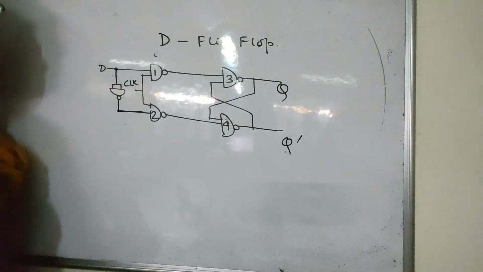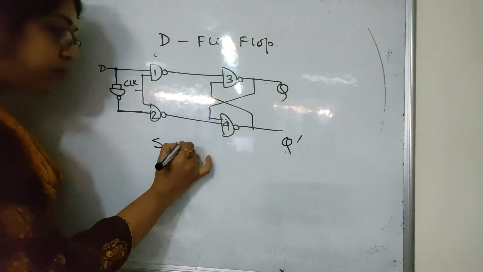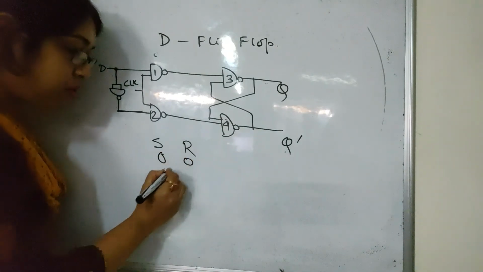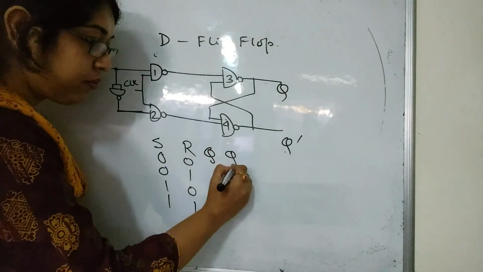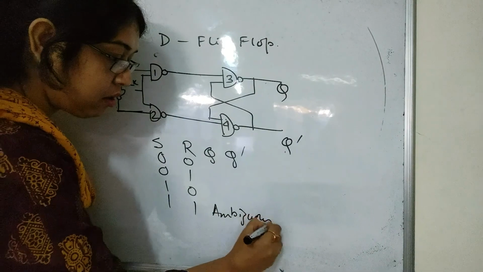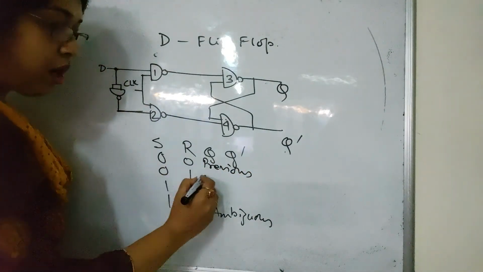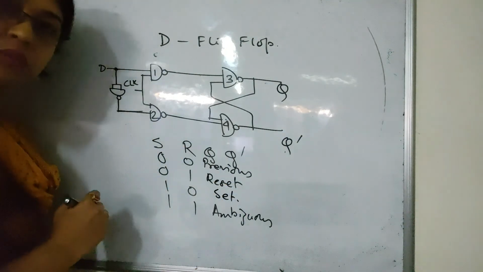Now, let us very quickly see how the truth table works. In case of SR flip-flop, we had 0, 0, 0, 1, 1, 0, 1, 1, where 1, 1 was the ambiguous state, 0, 0 was previous state, 0, 1 was reset, and 1, 0 was set.